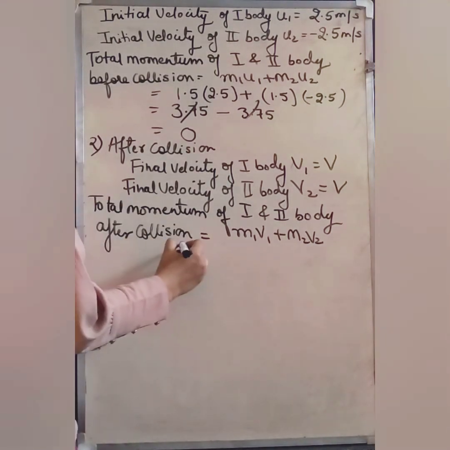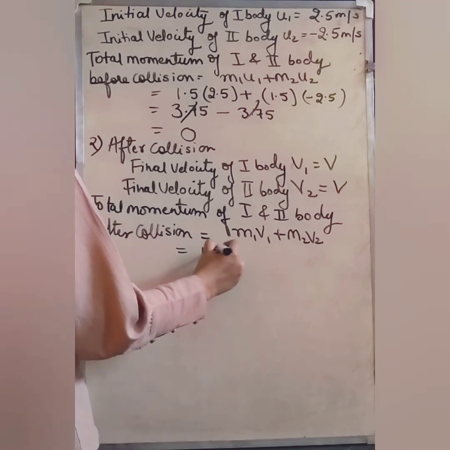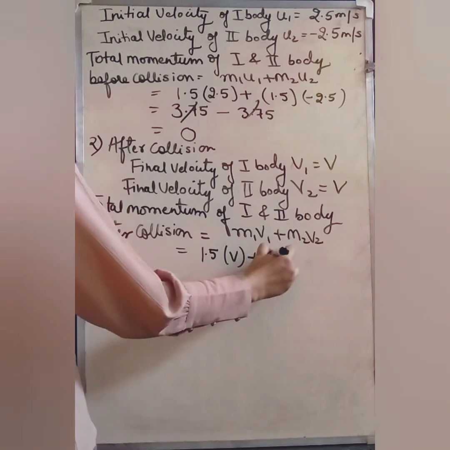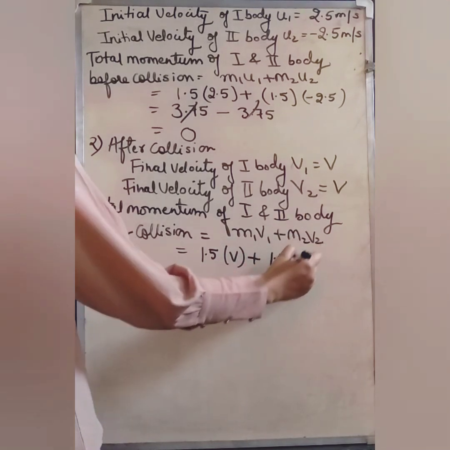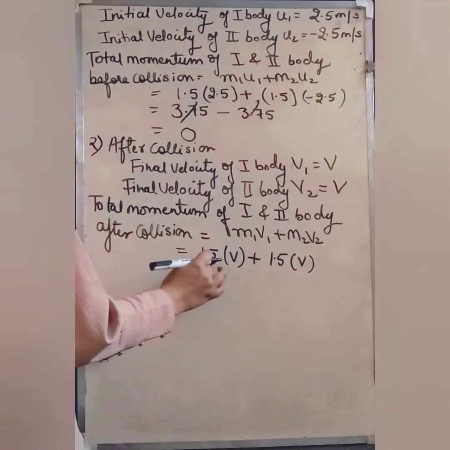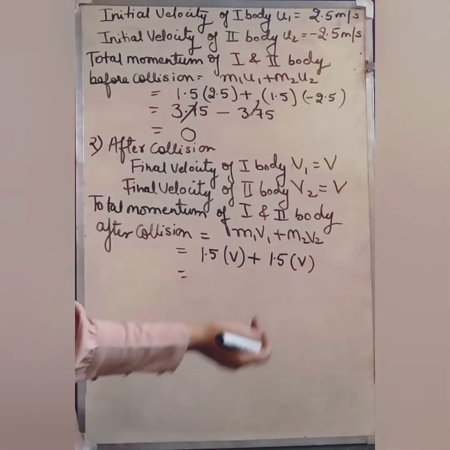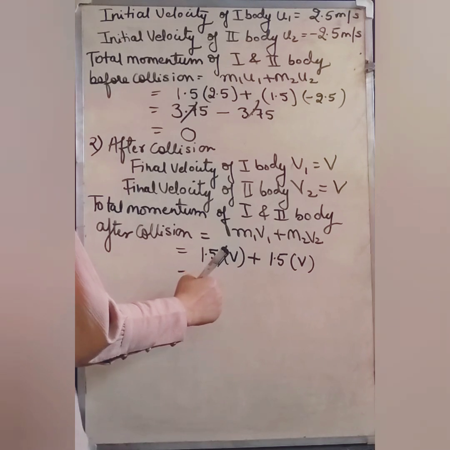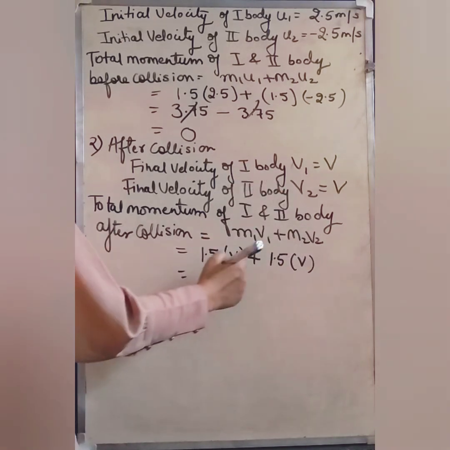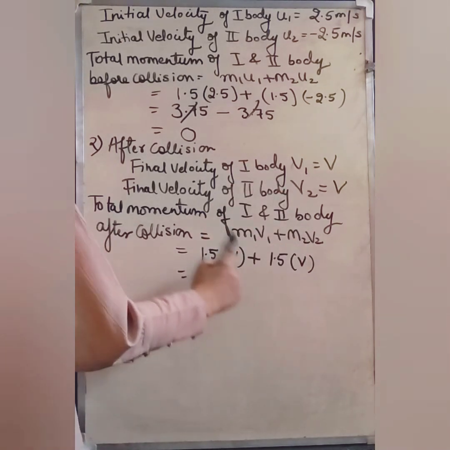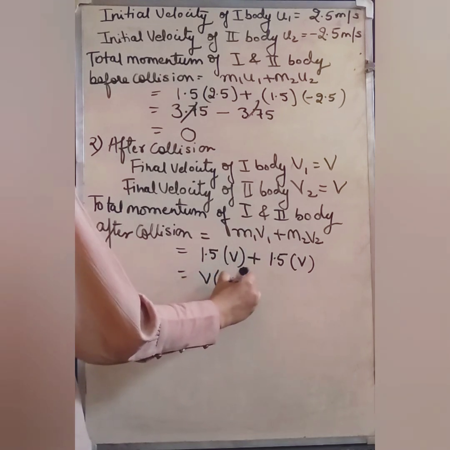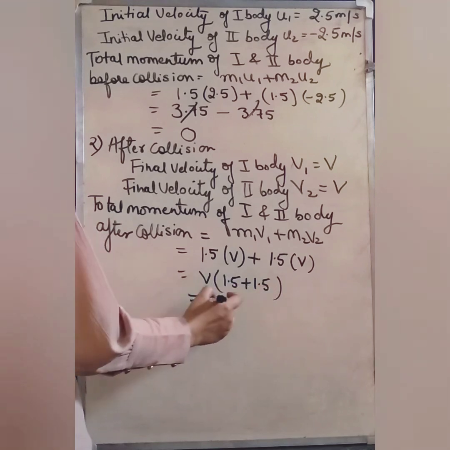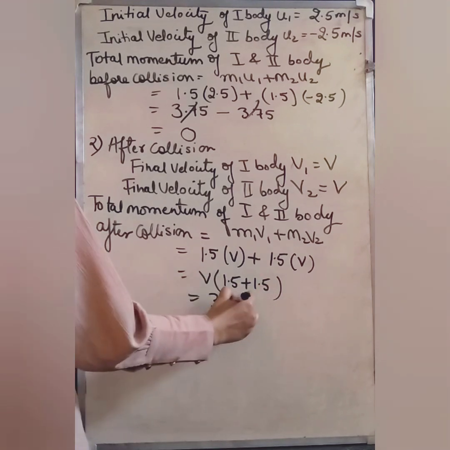Okay, so now m1 is 1.5 and v1 is v, m2 is the same 1.5 kg and v2 is v. So 1.5 v plus 1.5 v will give you how many v's? It will give you 2 into 1.5 v, or simply I can take v common and 1.5 plus 1.5. 1.5 plus 1.5 will be 3 into v.